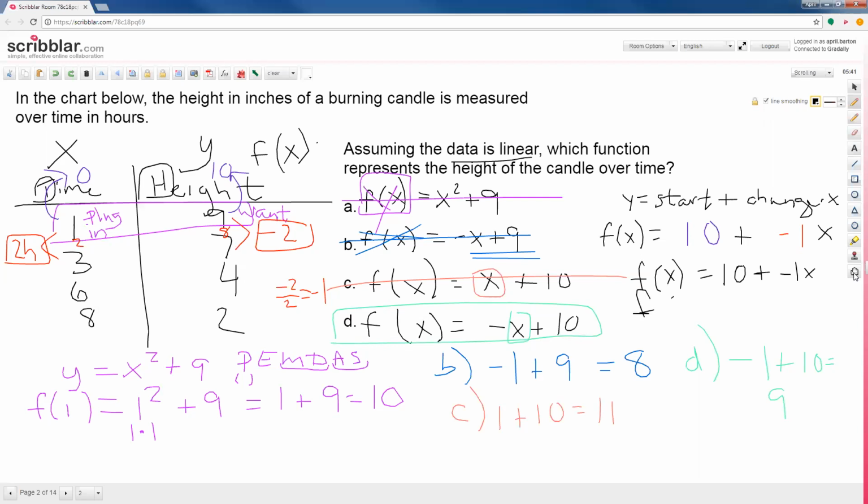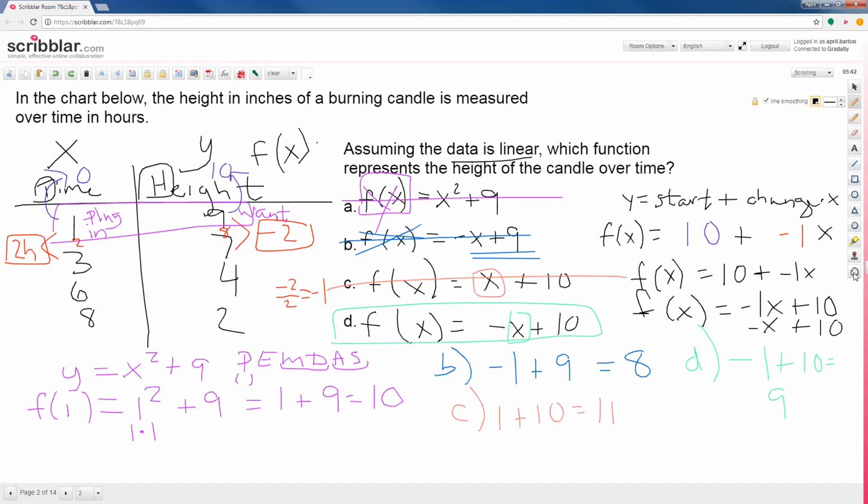If we put the -1x first, that's the same thing, and then the +10 second. But the negative sign does have to stay with the x, the positive sign does have to stay with the 10. And then if there's ever a 1 in front of a variable, they're not going to write that in. They're going to drop that 1 off and just write -x plus 10.